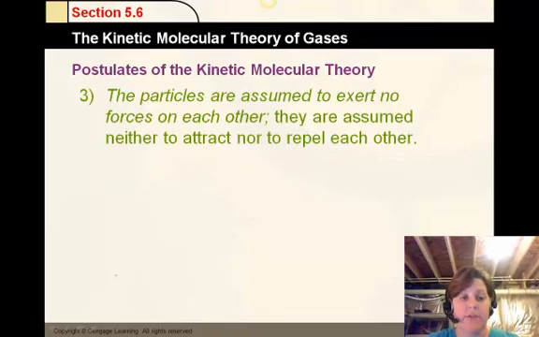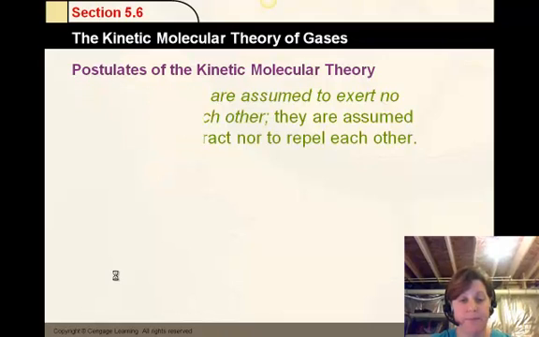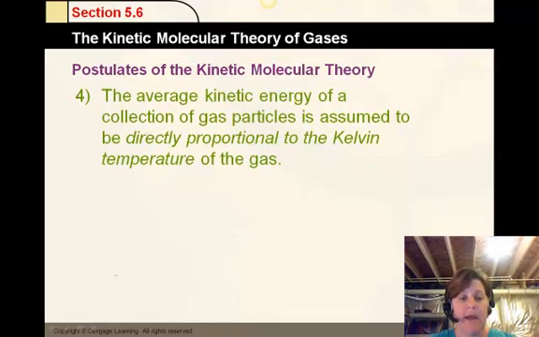The third postulate is the particles are assumed to exert no force on each other. They are assumed to neither attract nor repel one another. So those points just kind of bounce around and move around. And the average kinetic energy of a collection of gas particles is assumed to be directly proportional to the Kelvin temperature of the gas.